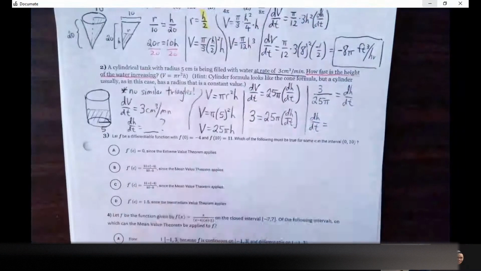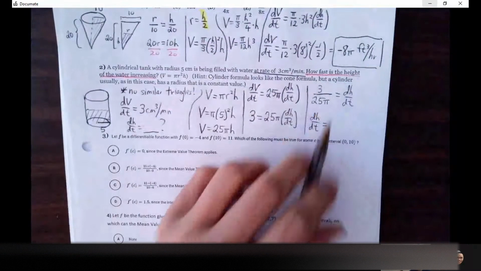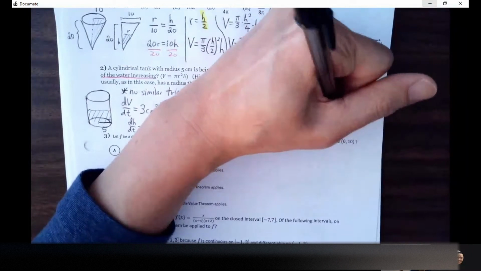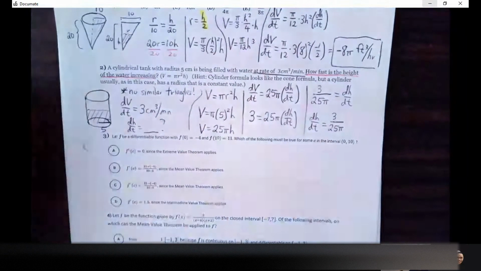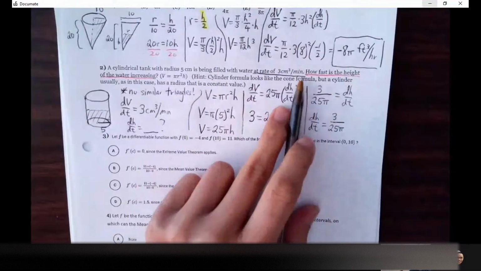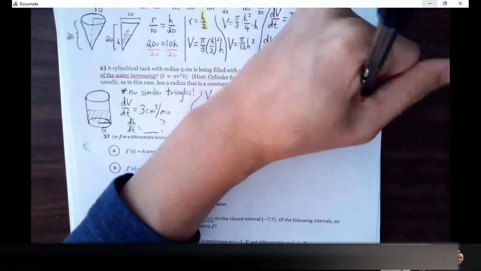Three over 25, can't reduce that, but the pi stays in the denominator. Units of measure. Height is a one-dimensional unit, so centimeters. Time is minutes, so centimeters per minute.